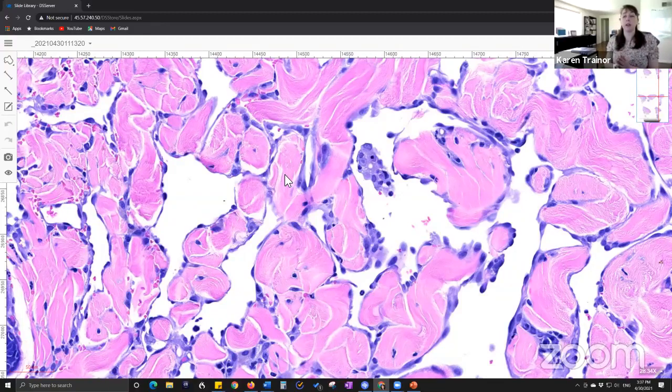Transmission electron microscopy, TEM, is a great way to look for the basement membrane, but it's not something that's routinely done on normal diagnostic biopsy samples, perhaps more in a research setting, or if it's for publication, that's an option that might be pursued.